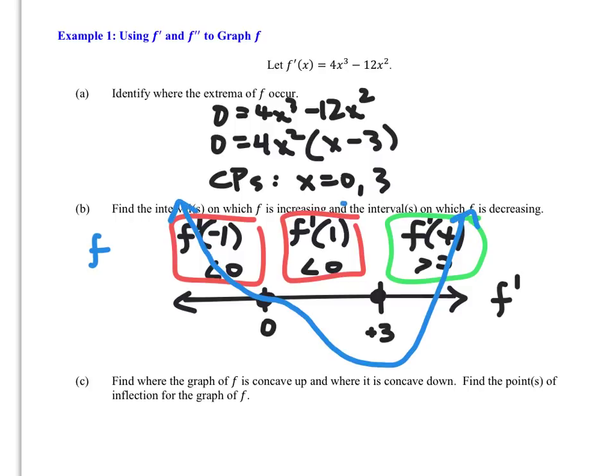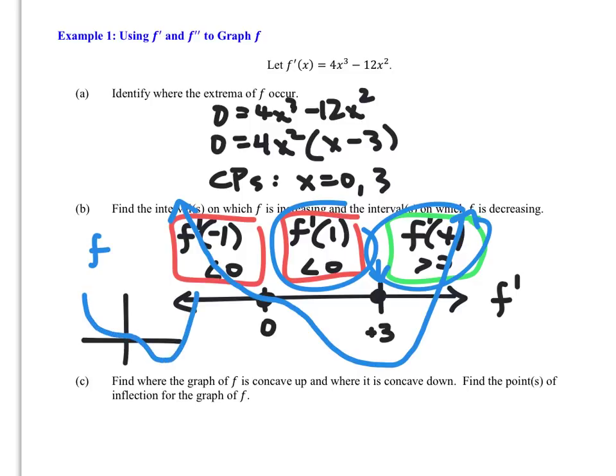I see that the derivative is negative, then it's 0 at x equals 3, then it becomes positive. So my graph of f would look something like this, where this is x equals 0, and this value is x equals 3.